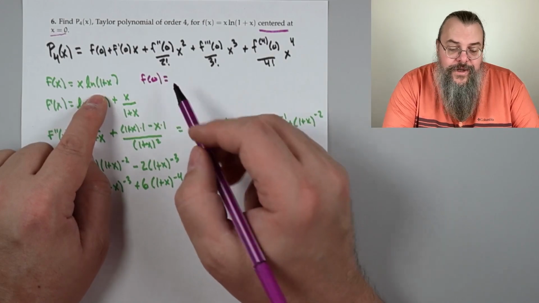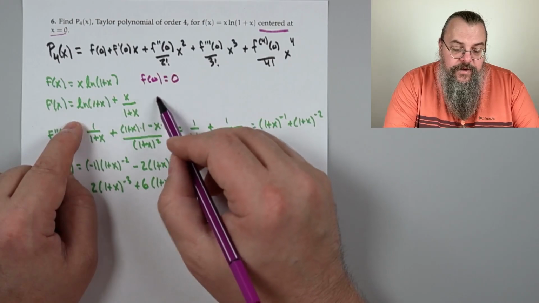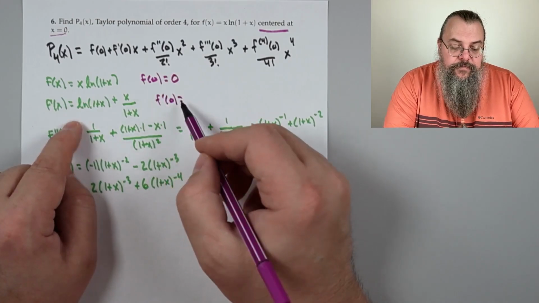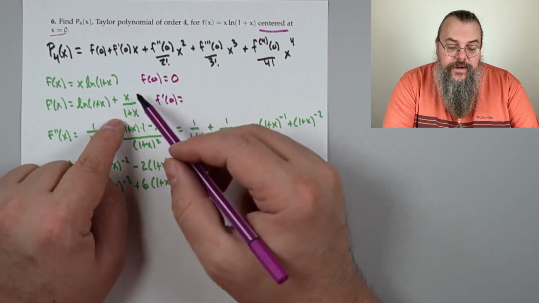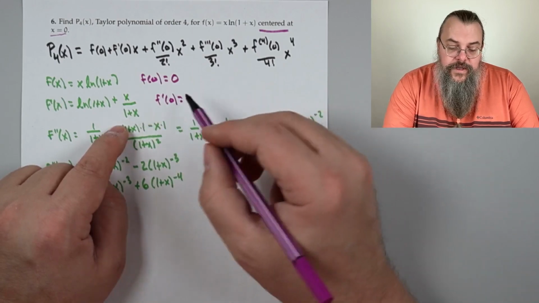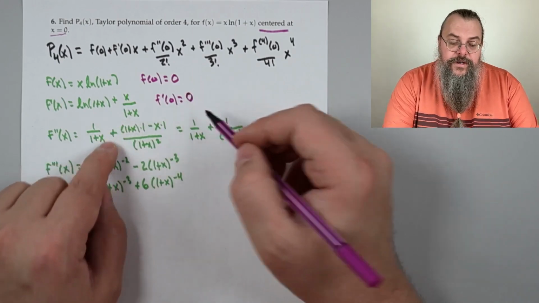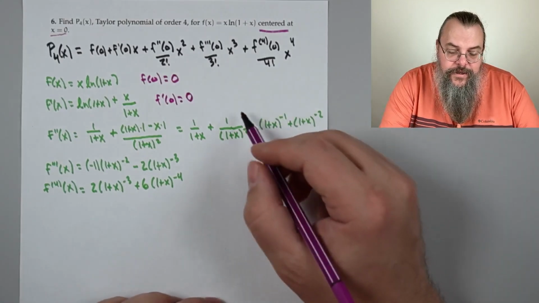Log 1 is 0, so it's extra 0-y. All right, f prime is 0. What's that? Log of 1 is 0. Then you have here, you have 0 over 1 plus 0. 0. Okay, sure, that's fine, no problem.